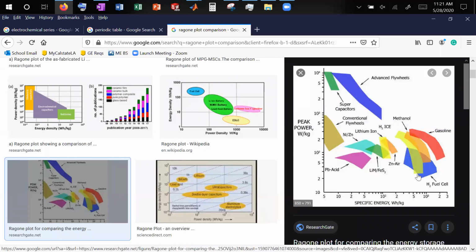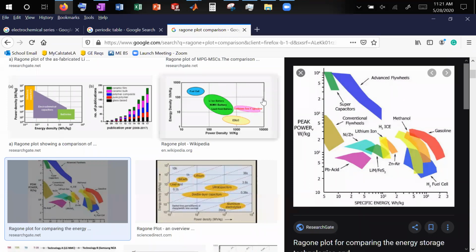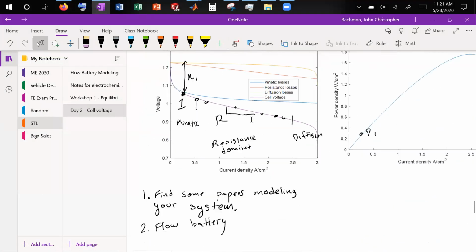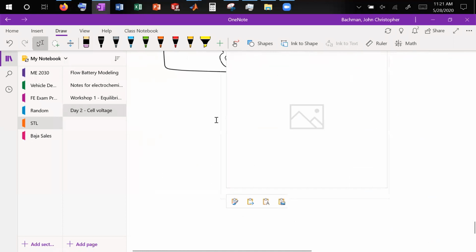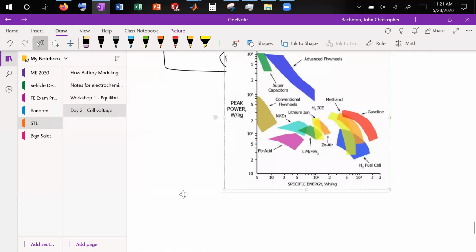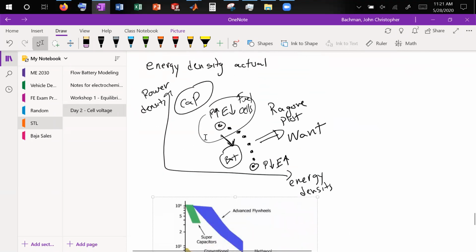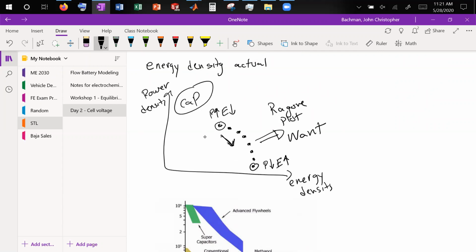The fuel cells with a really big tank are even pushed out here a little bit, right? Gasoline cars. So you can see how it's a nice way to compare all the different technologies that are out there. So you could take your system and plot it on this, and you can see how your system compares as an energy technology. So these fuel cells, we've got to push them down a little bit. Not that I had any axes on here actually, but roughly.